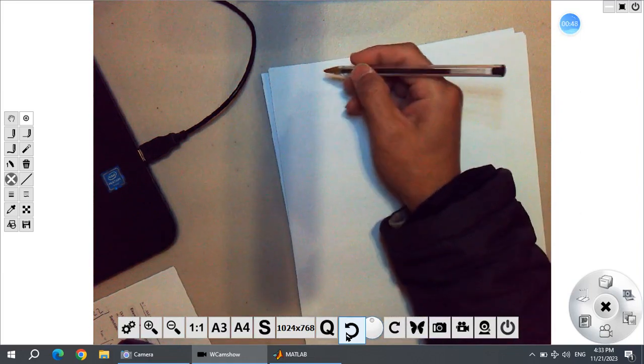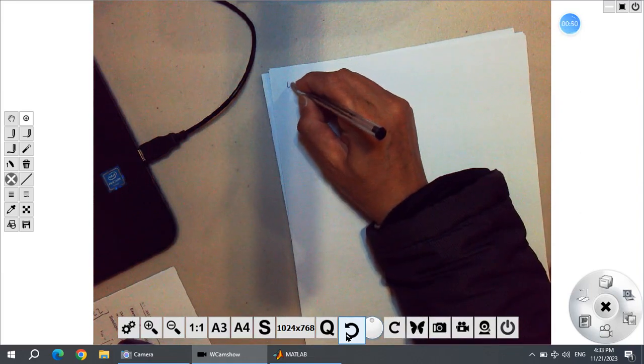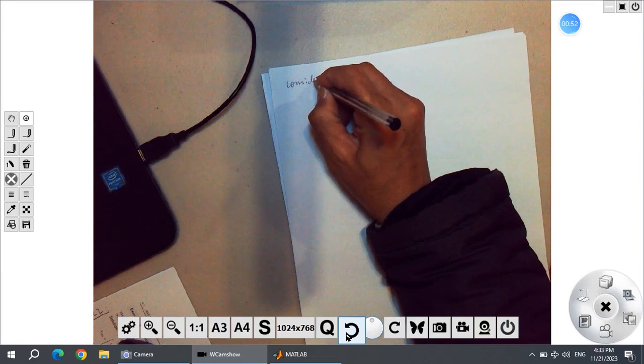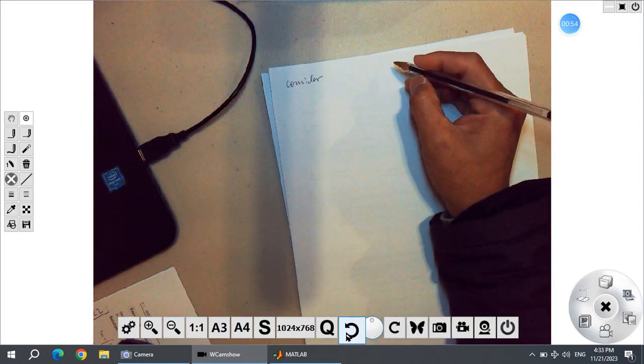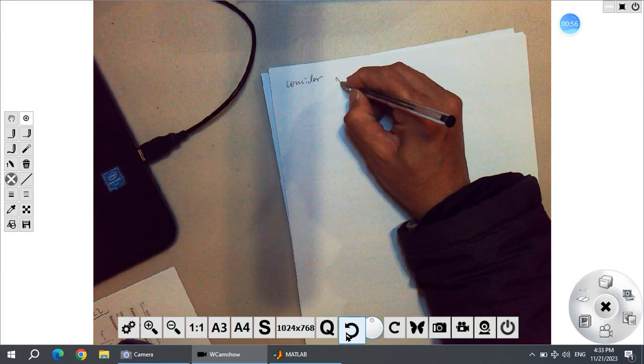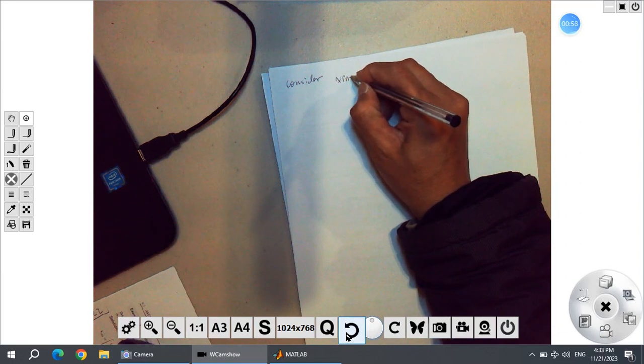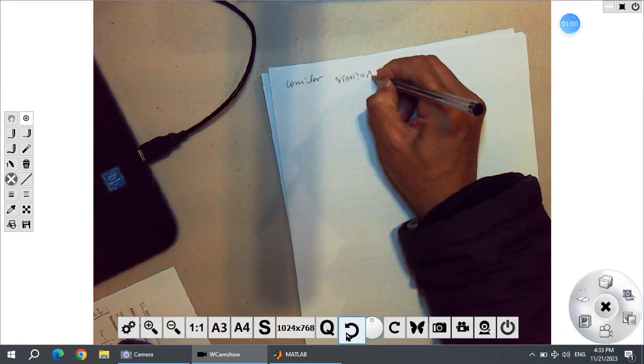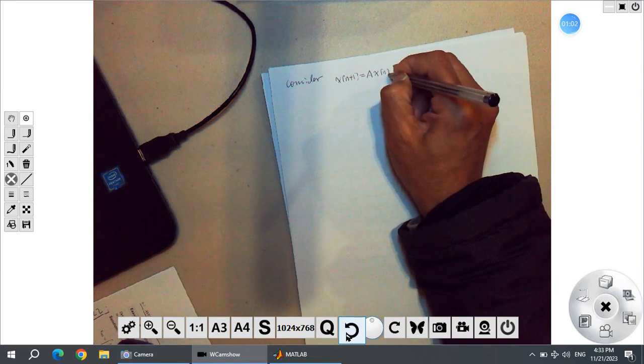Okay, so we consider a system in state space. It is x of k plus 1 equal to A x of k plus B u of k, and y of k equal to C x of k plus D u of k.